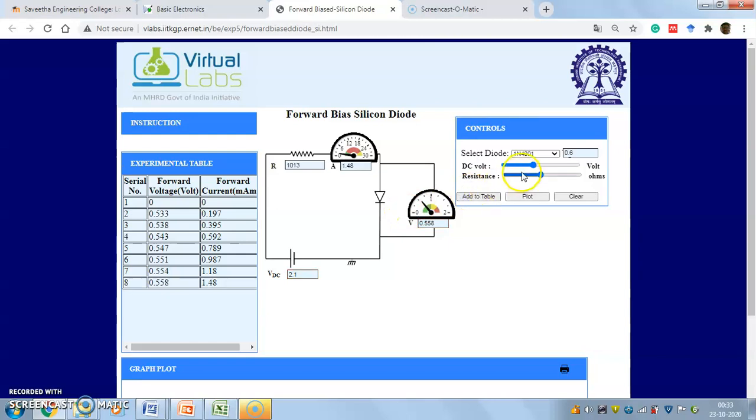The maximum voltage is 5 volts. So like that we vary the voltages and measure the current value. After that we have to plot the graph of VI characteristics, the voltage and current graph. We reach the maximum of 5 volts, add to the table, and measure the current value. This is for forward bias.